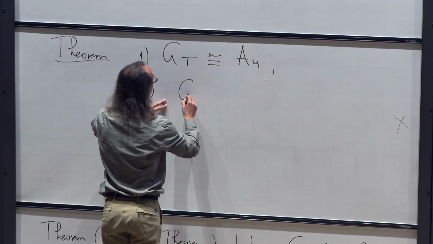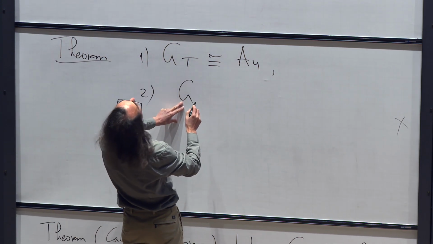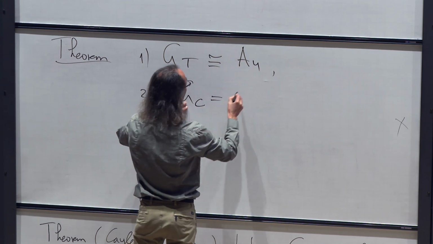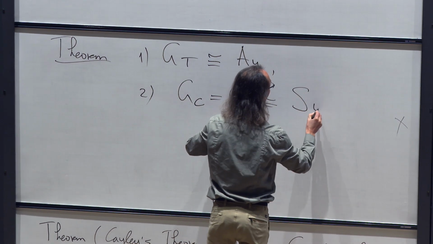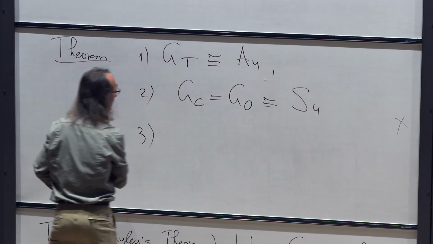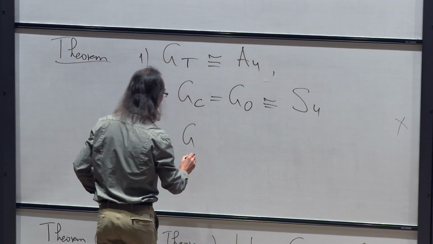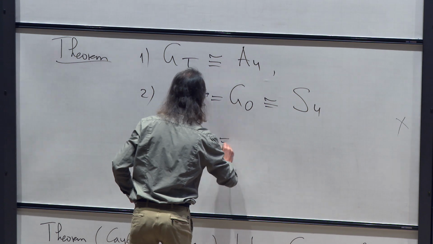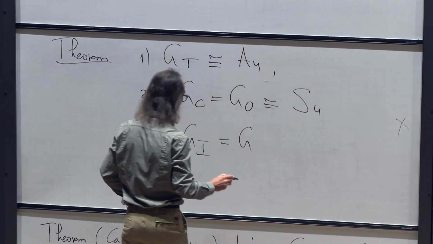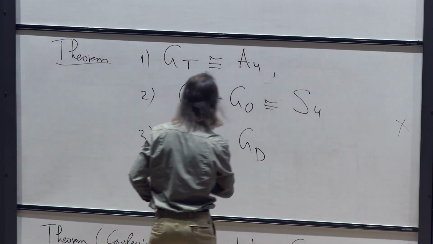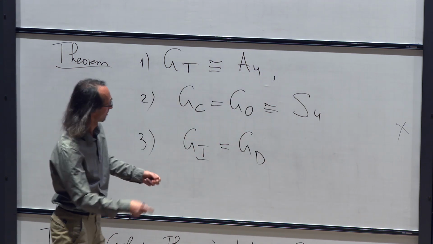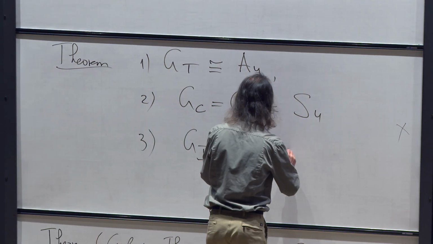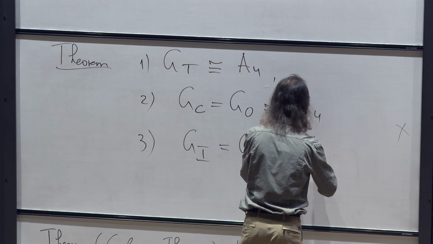The group of rotations of the cube, which is the same as the group of rotations of an octahedron, is isomorphic to S4. And finally, the group of rotations of the icosahedron is exactly the same as the group of rotations of a dodecahedron, if you identify the dual polyhedra, and it's isomorphic to the alternating group A5.